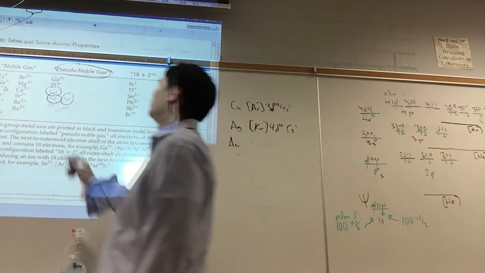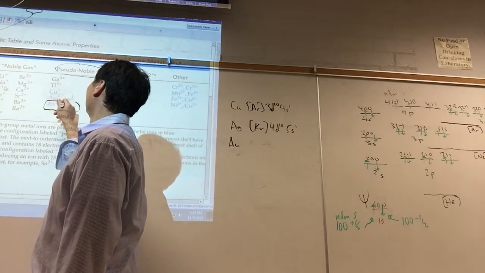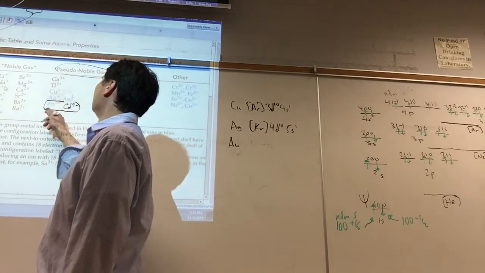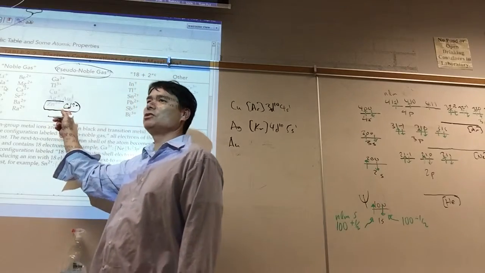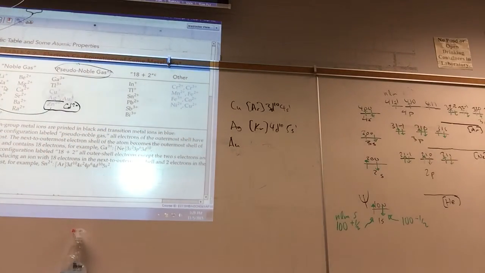There's also pseudo-group 2. Pseudo-group 2 is zinc and cadmium. Zinc and cadmium are always +2. Zinc is always +2 because zinc is argon, 3d10, 4s2. And so it has 2 valence electrons. It loses those. We get Zn2+.